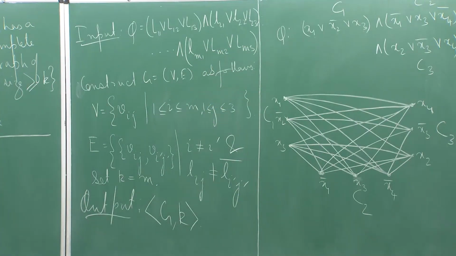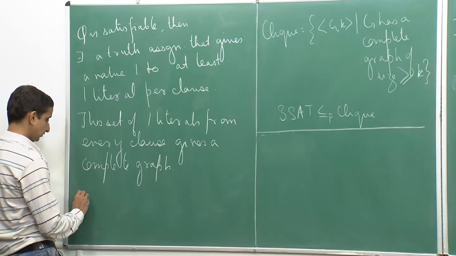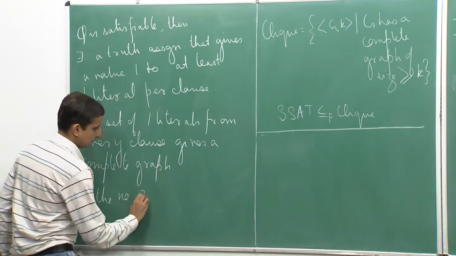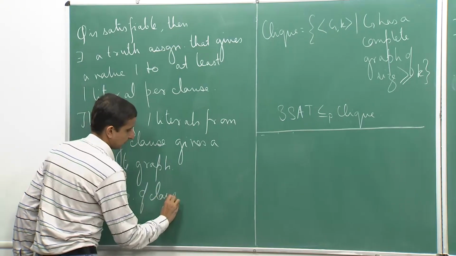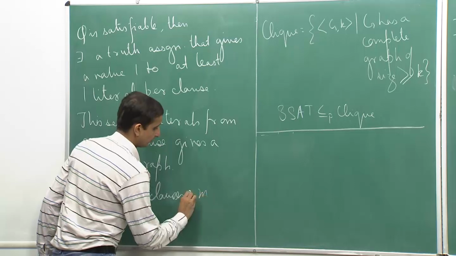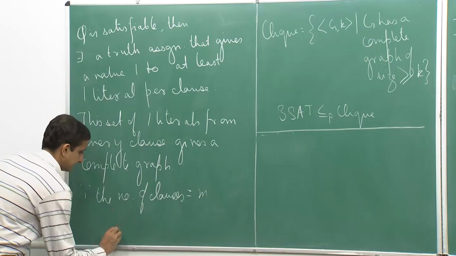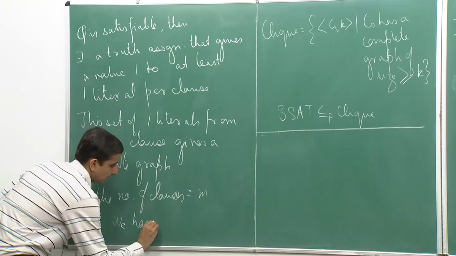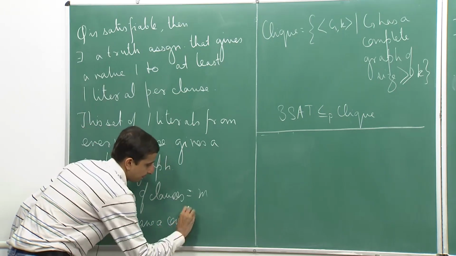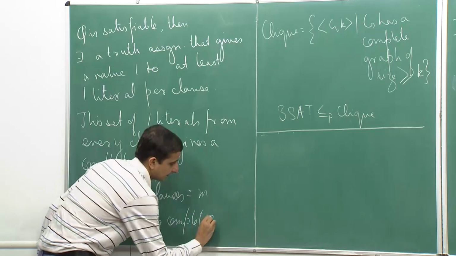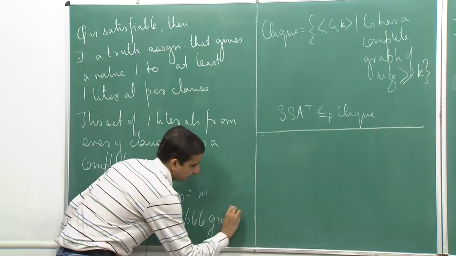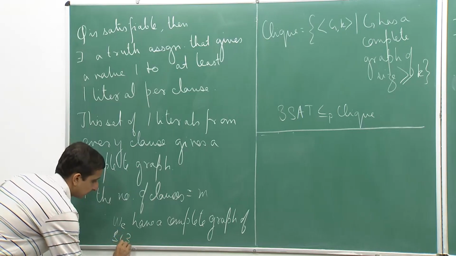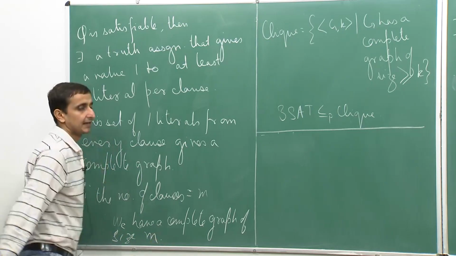And how many clauses do we have? Since the number of clauses is equal to m, we have a complete graph of size m.